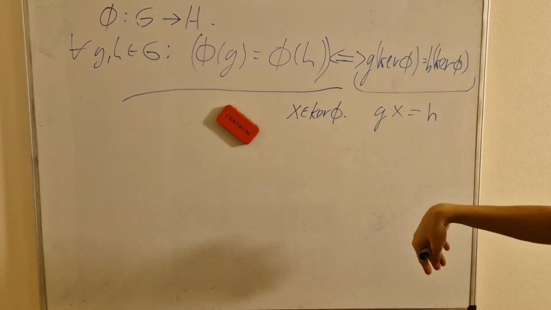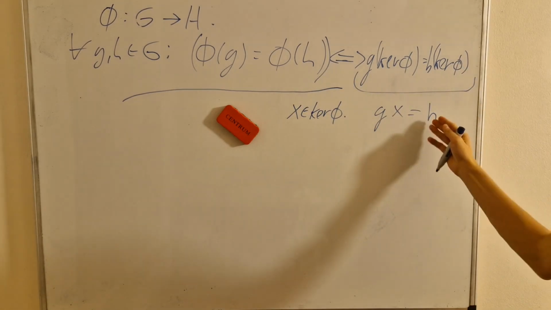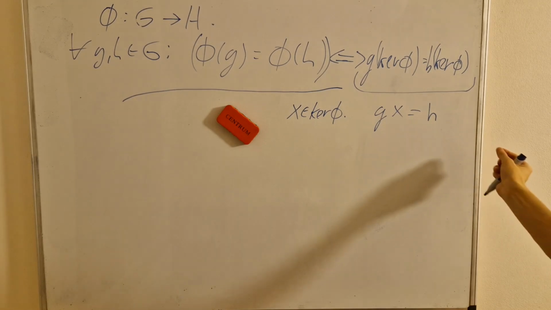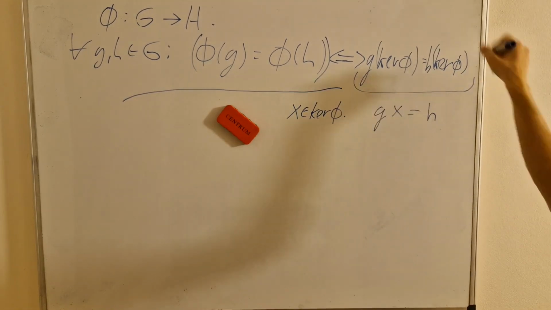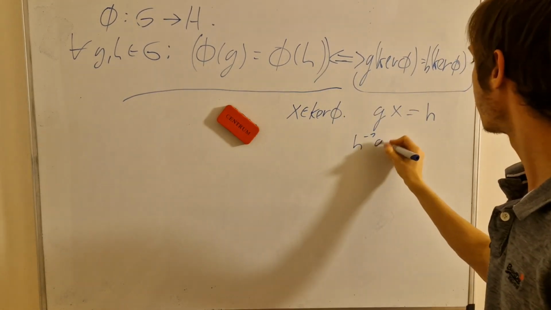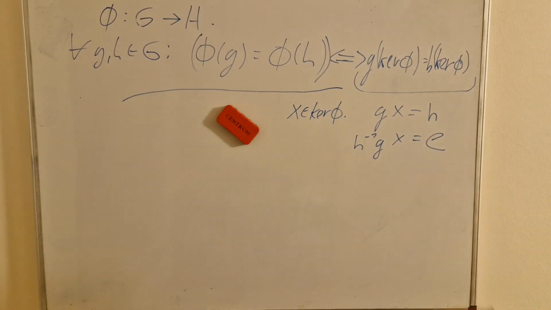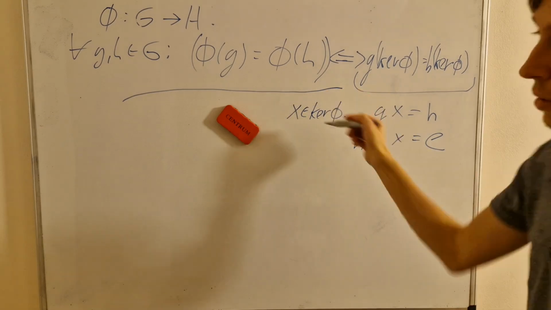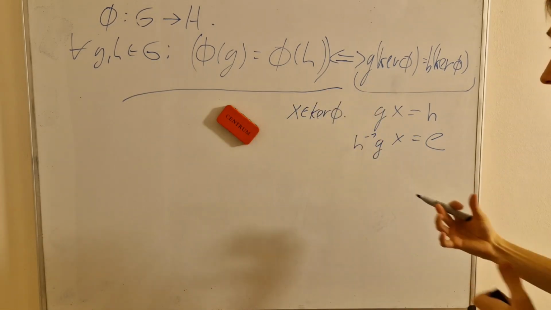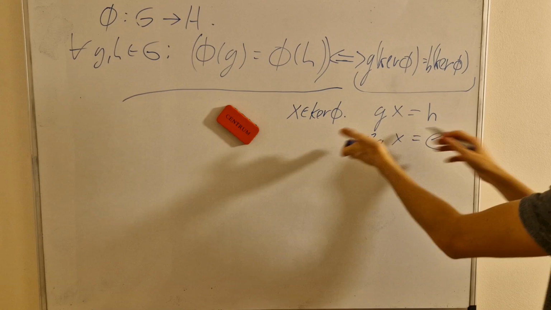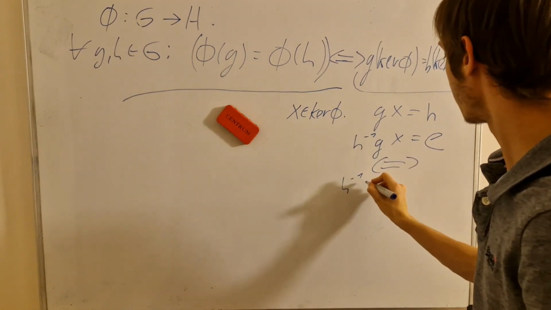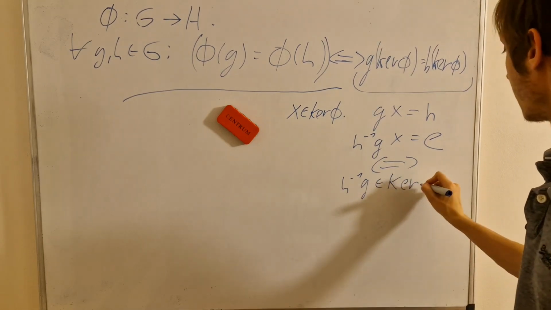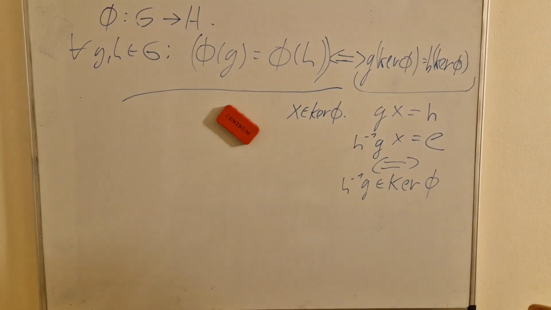But this also says that I can multiply by h inverse on both sides, so h inverse g times x equals identity, which I can denote by e. Well, x was in kernel phi, and the kernel is a group, by the way. Furthermore from this reasoning, we can also say that this happens if and only if h inverse g is inside the kernel phi.